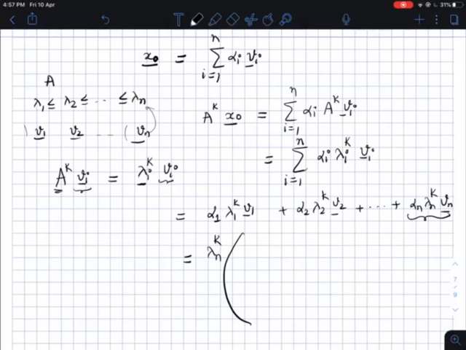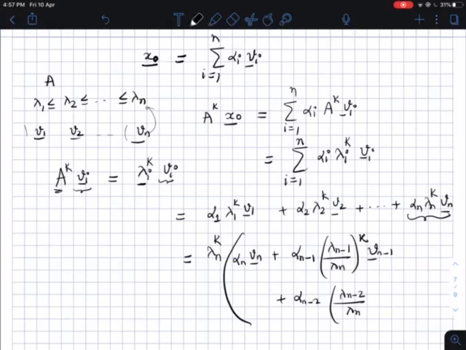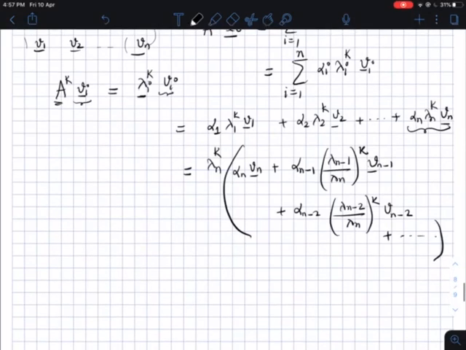This term is going to be just alpha n vn plus alpha n minus 1 times lambda n minus 1 by lambda n whole to the k, vn minus 1, plus alpha n minus 2 lambda n minus 2 by lambda n to the power of k, vn minus 2, plus so on, all the other terms that are going to be involved in this expression.